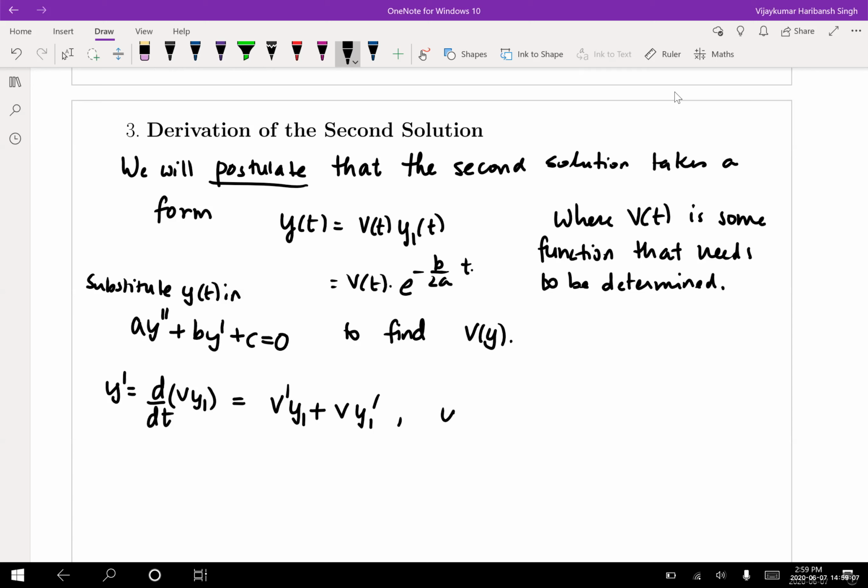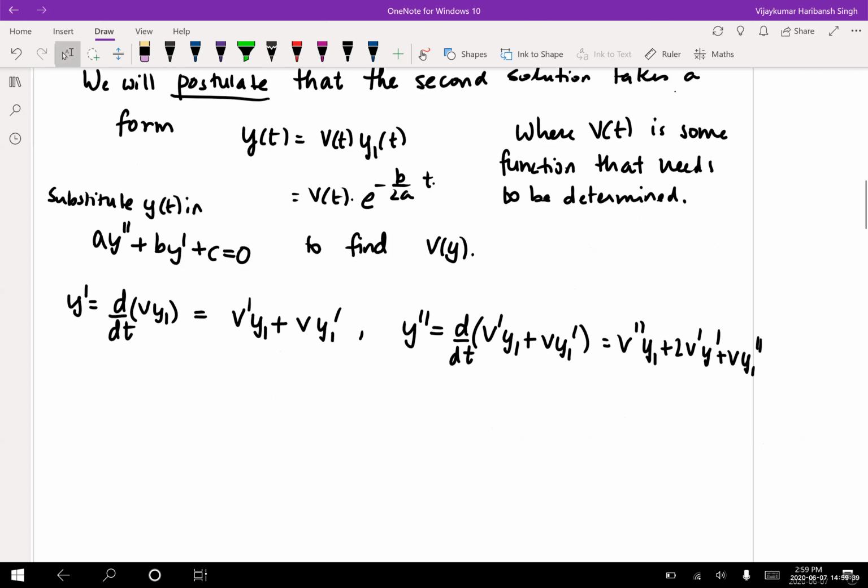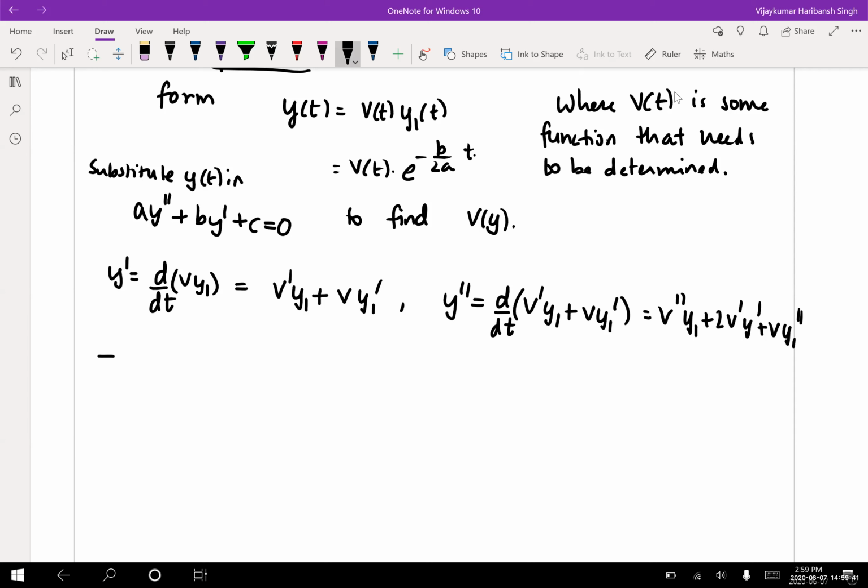Similarly, y'' is the derivative d/dt of (v' y1 + v y1'), and that is going to be v'' y1 + 2 v' y1' + v y1''. I'm using here Euler's formula, so it's a good exercise.